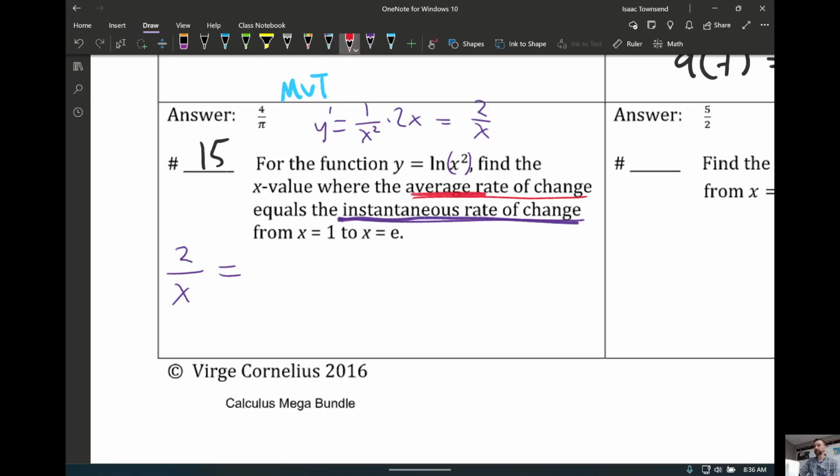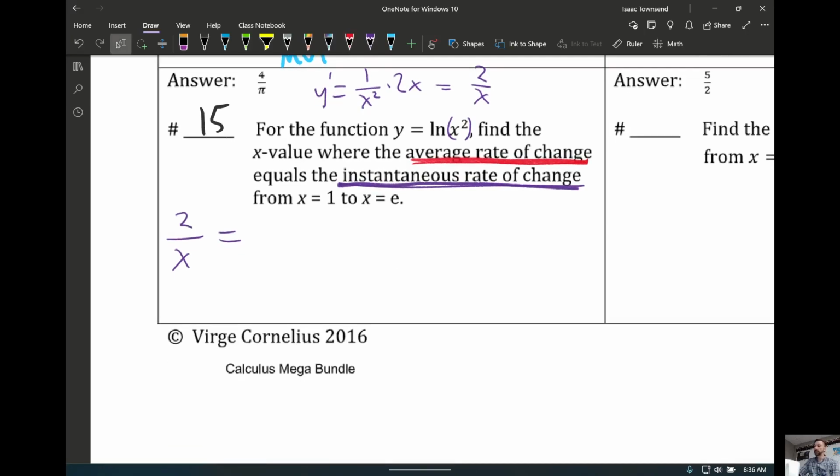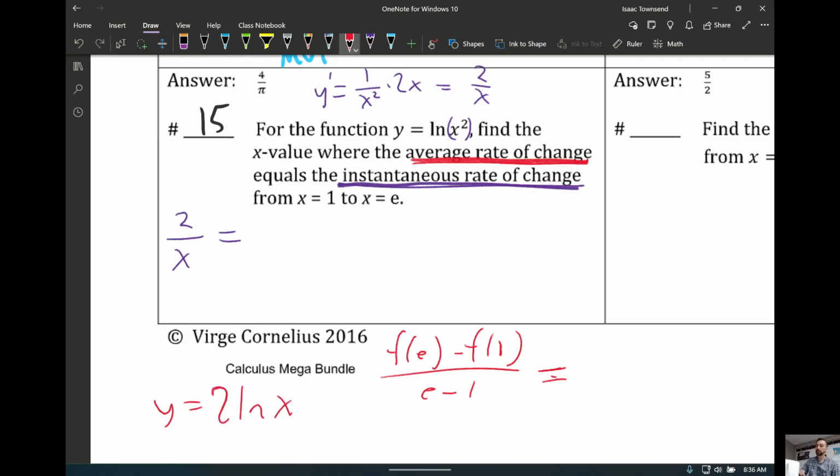So average rate of change, if you have the function, is like the slope formula. So do f of e minus f of 1 over e minus 1. I'm just doing this down here, so it's not as scrunched. So if I plug in e, you might want to bring this 2 down to simplify it from log properties.